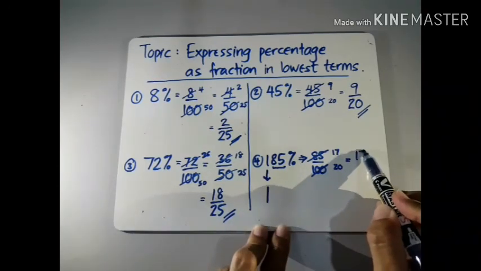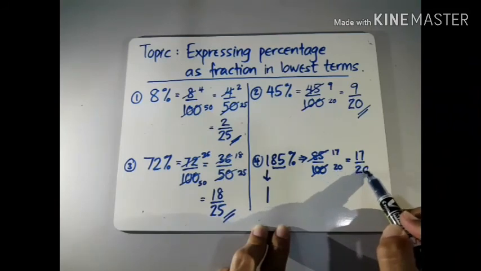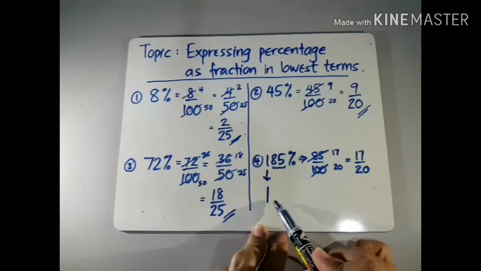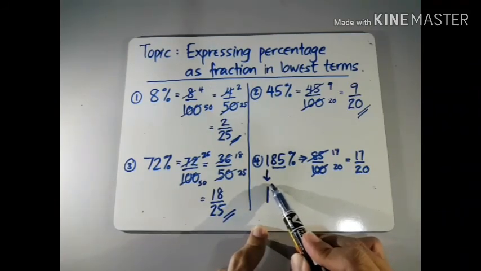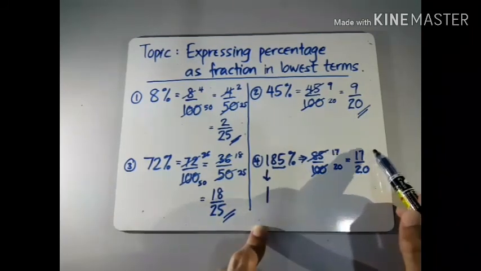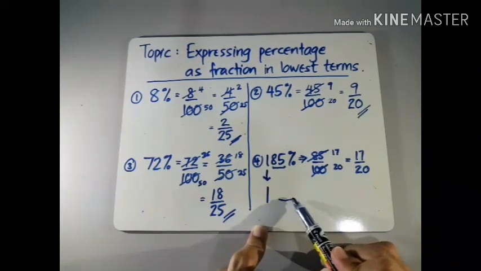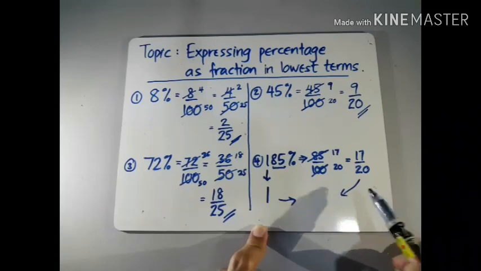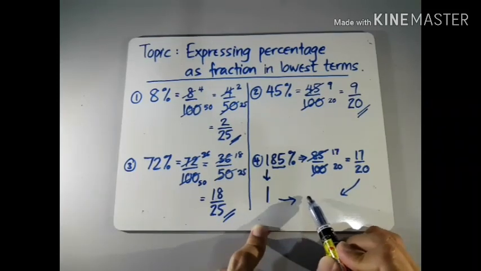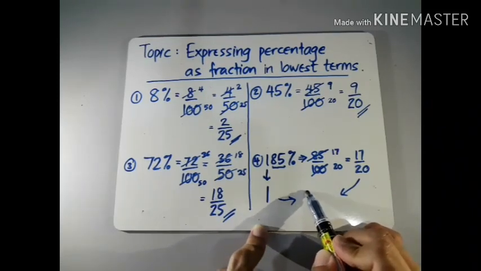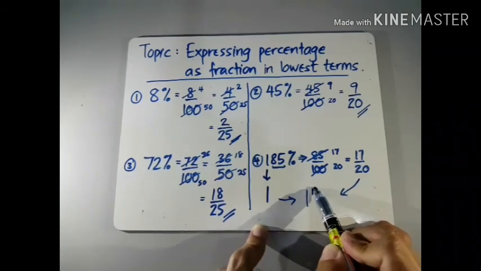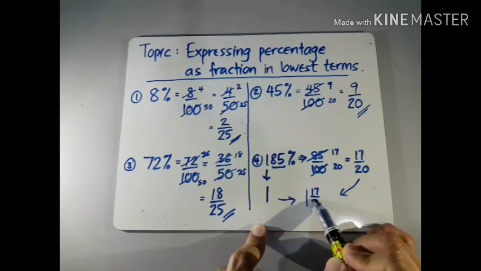Yes, it's 17 out of 20. Now we can combine this answer, whole number, and this fraction to get a mixed number. So which means our final answer is 17 out of 20.